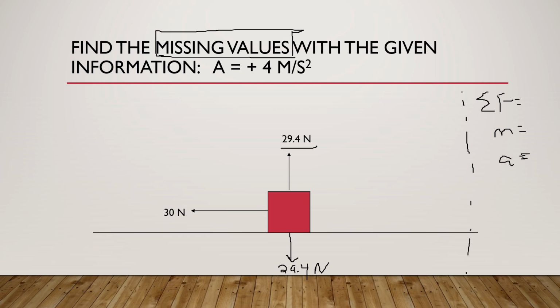So if the up is 29.4 and the down is 29.4, we always take the mass and multiply it by 9.8 to get this. So we could do the reverse. What's 29.4 divided by 9.8? Nice. So we know that the mass is 3 kilograms. We know that the acceleration is positive 4.